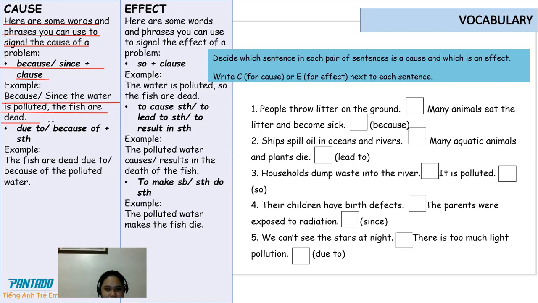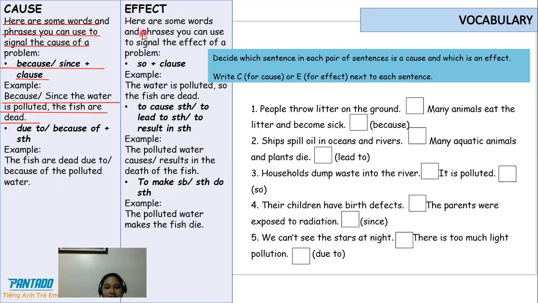Examples: because, since the water is polluted, the fish are dead. Mm-hmm. We also have due to or because of plus something. Can you please read this too? The fish are dead due to or because of the polluted water.